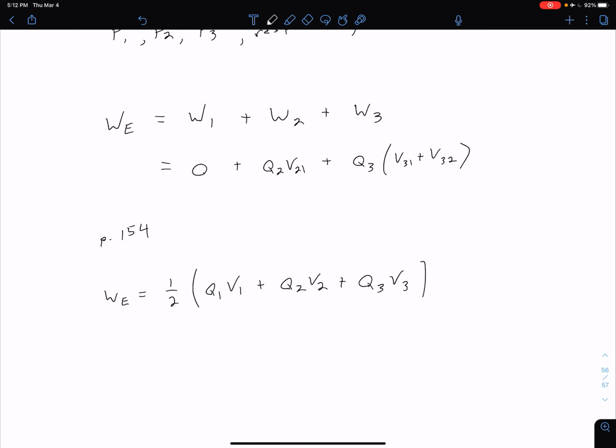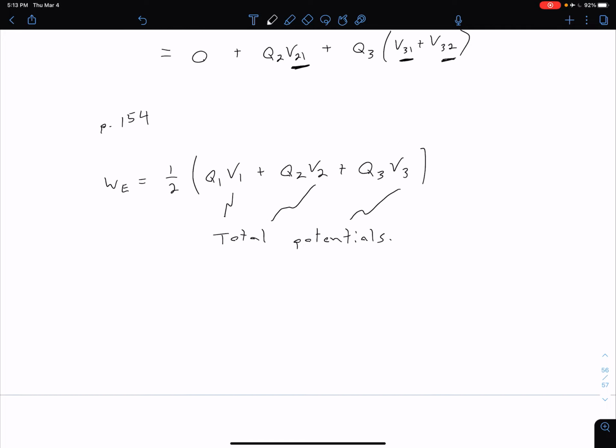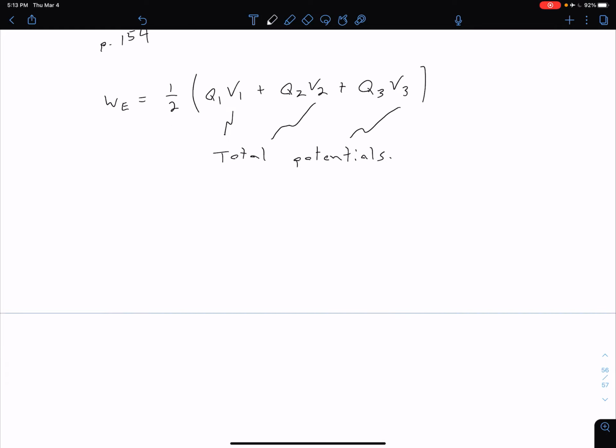Now, instead of having the potential differences from our previous equation, we have total potentials. Our V1, V2, and V3 are the total potentials at points 1, 2, and 3 respectively. With this more generalized equation, it becomes pretty easy to scale up for multiple point charges.